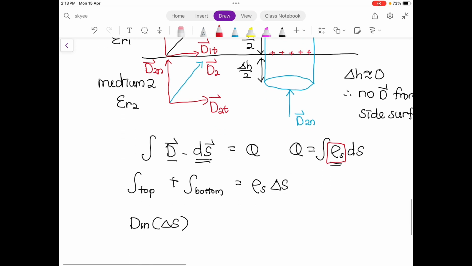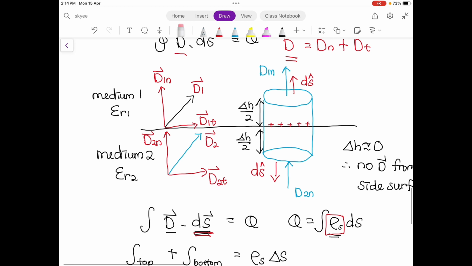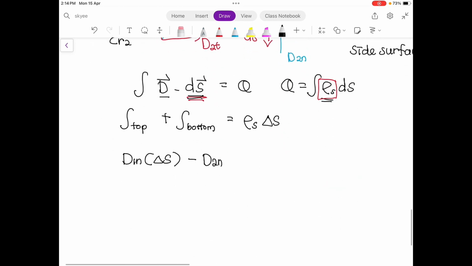And at the bottom, the surface direction is downward. That's why this part is negative for the bottom. So you have bottom negative D2N multiplied with del S equals to rho S del S.